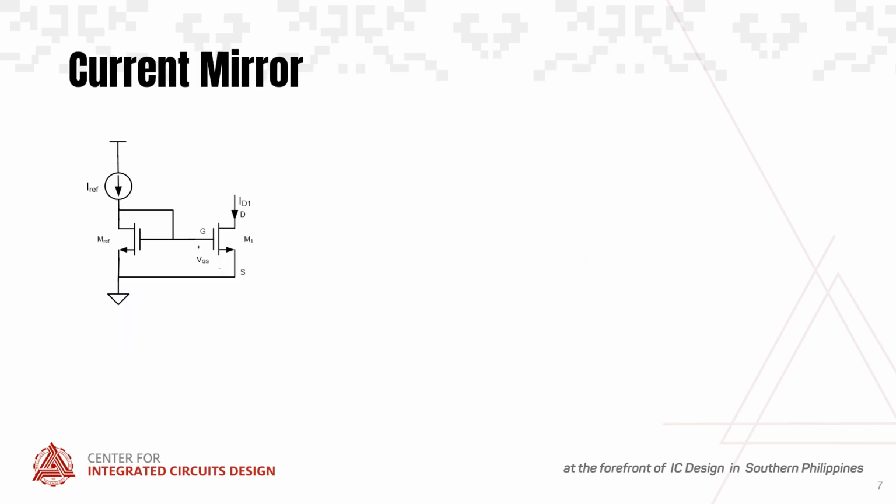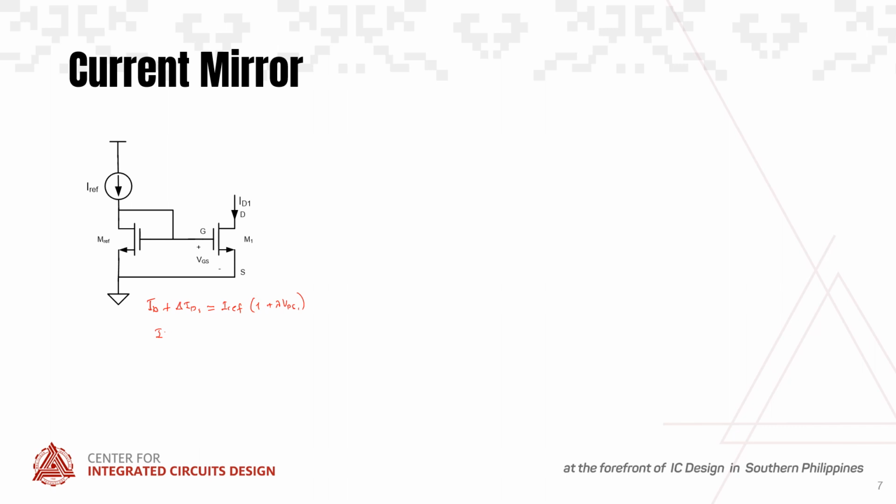Considering the drain current ID1 plus change of ID1 is equal to Iref times 1 plus lambda VDS1.